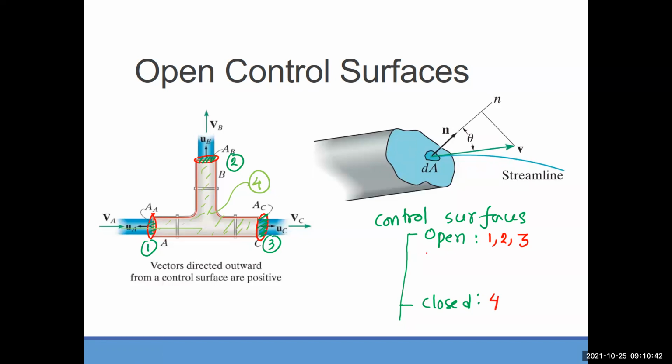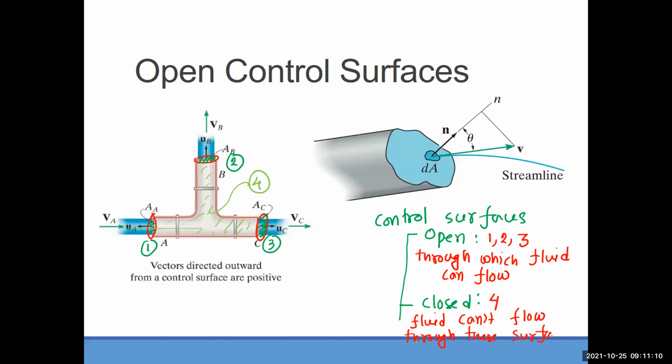That means an open surface is one through which fluid can flow. That is the open control surface. And a closed surface is one through which fluid can't flow.